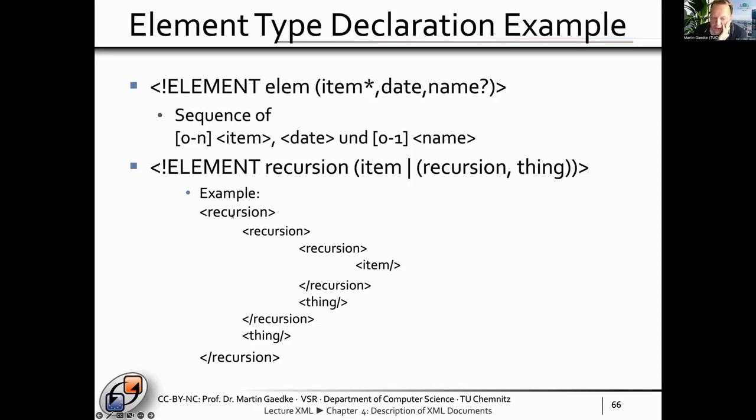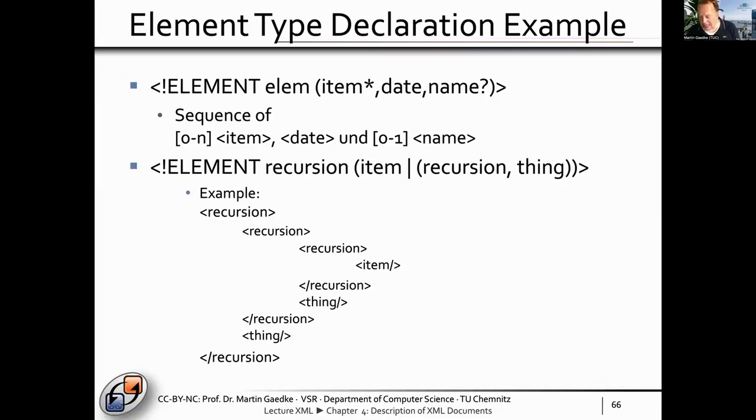So you see here the root element is recursion. And then we decided on, again, using recursion, and at the end of recursion, we have thing. Inside of recursion, we used recursion ending with thing. And inside of this recursion, we used the element item, and that ends the recursion of our specific declaration here.